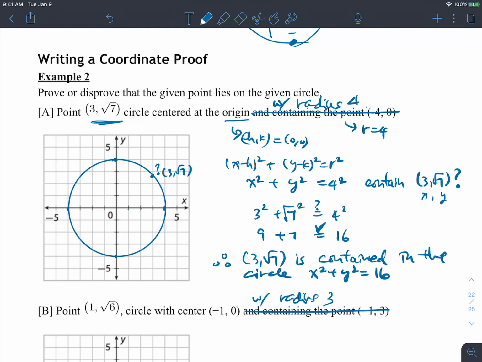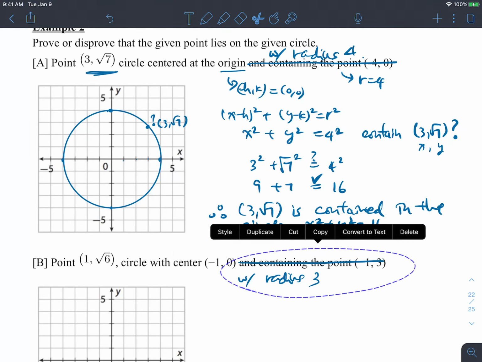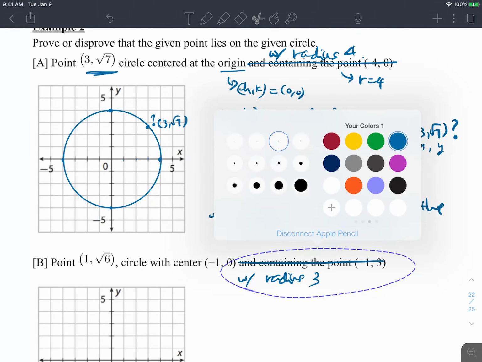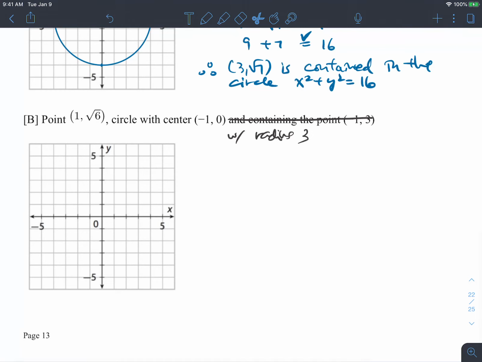Okay. Now, for the second question, let me bring that down to the other side over here and change the color a bit so that it's less confusing from the previous question. Here we go. Let's do this. All right, it has a circle with center (-1, 0), which is here. The radius is 3, which means it goes 1, 2, 3 here.